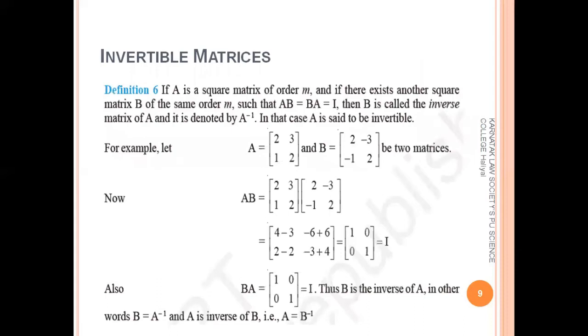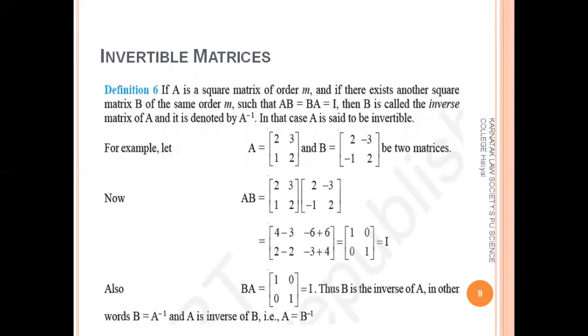Next, very important: invertible matrices. If A is a square matrix of order m, then there exists another square matrix B of the same order such that AB = BA = I. If you multiply the two matrices, you get the identity, and even if you reverse the order, you again get the identity.